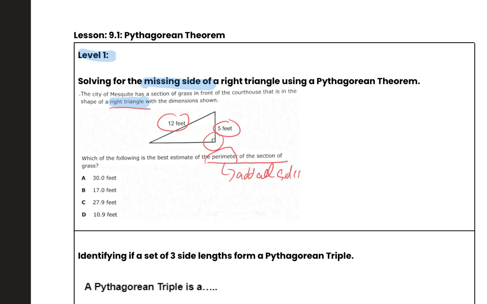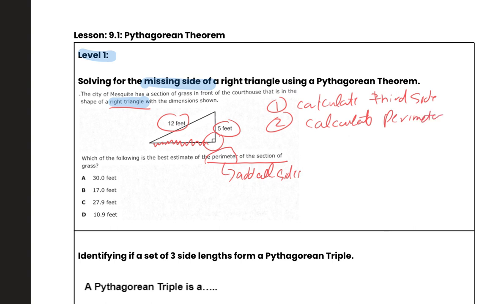If it's a right triangle, then we can use the Pythagorean theorem to figure out the third side. So the first step is to calculate the third side, and the second step is to calculate the perimeter.